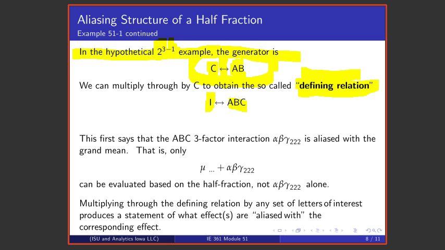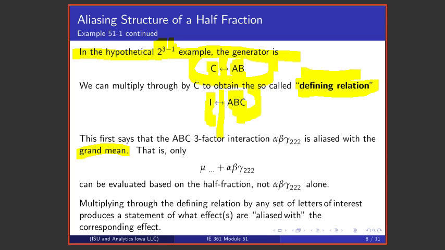One of these strings of letters separated by arrows is going to be called the defining relation if what we've got on the left side is simply I. What this relationship says is that the three-factor interaction is aliased with, is confounded with, is indistinguishable from whatever I is standing for, and actually I stands for the grand mean in this method of formal multiplication.